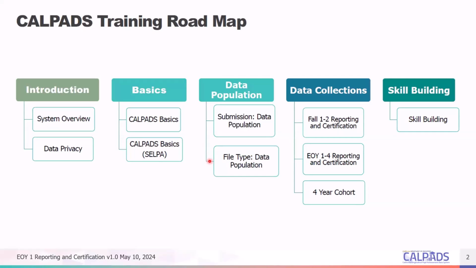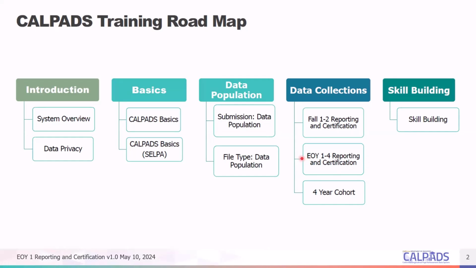So we'll have course section completion, student course section completion, and work-based learning data population sessions, as well as data population sessions for all of the file types collected in the end of year collections in the data population portion here. We then have the reporting and certification sessions, one of which we're in today with end of year one reporting and certification.